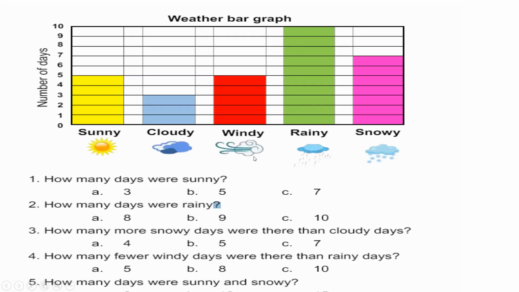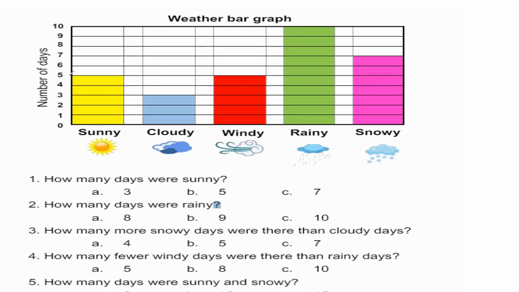And how many more snowy days were there than cloudy days? 4. All right, let's put it on the side.